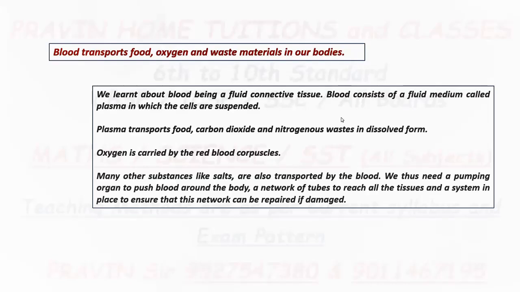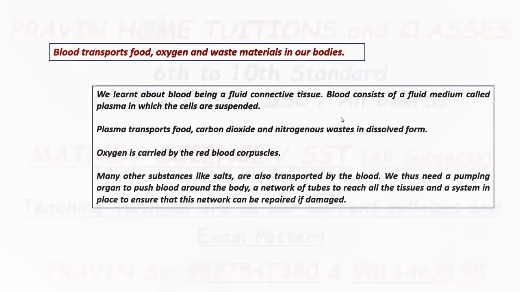So for this, we need a pumping organ to push blood around the body, and a network of tubes which circulates blood to all organs or all tissues of the body.